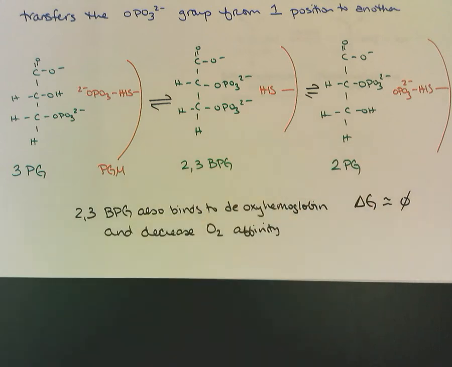Yeah, Victoria. Is the fact that 2,3-BPG is related to hemoglobin, does that have any effect on glycolysis, or is it just like a little side thing? It does have an effect on glycolysis, but it's kind of indirectly. It's not directly related. So I guess somewhere in between.